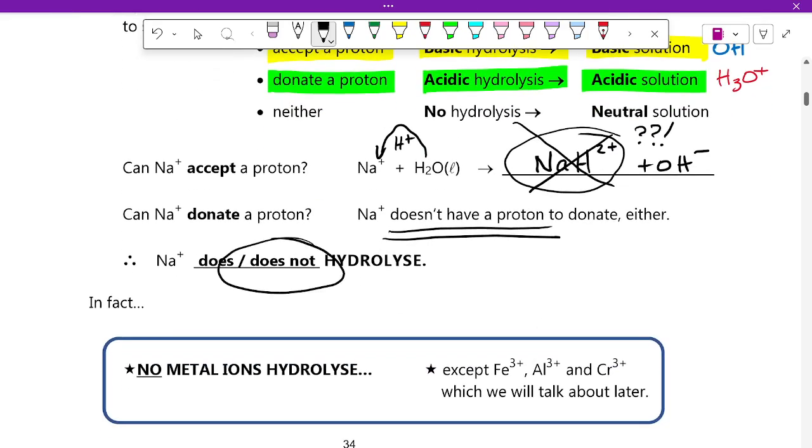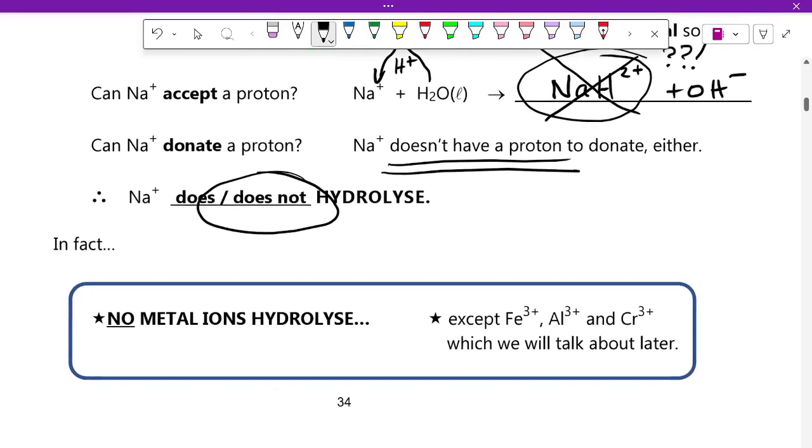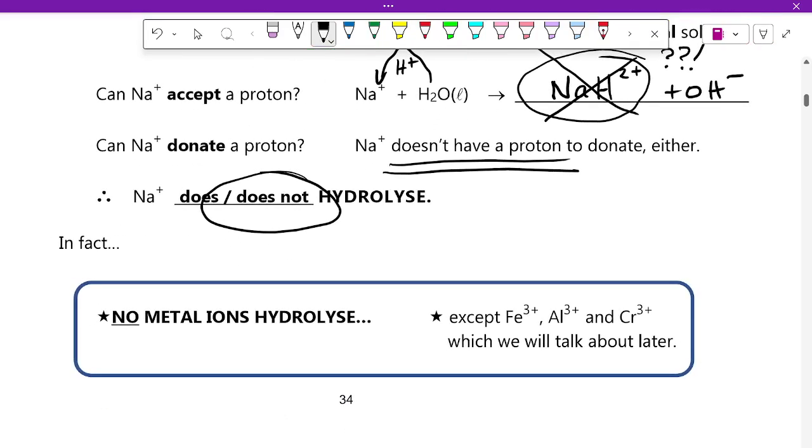In fact, no metal ions hydrolyze. So if you have a metal ion, it will not hydrolyze. There are 3 exceptions: iron, aluminum, and chromium that we will talk about later. I remember these because I have a little mnemonic for it. Feel creepy.